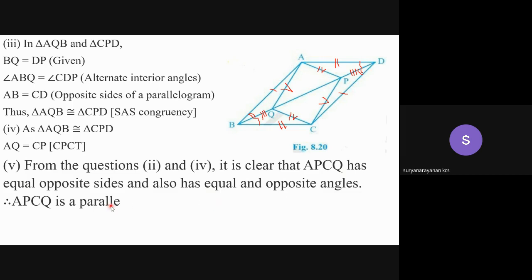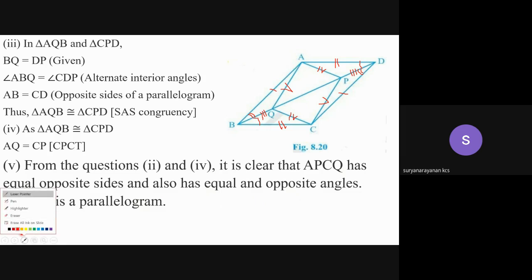Therefore, APCQ is a parallelogram. In this quadrilateral APCQ, these opposite sides are equal, and it also has equal opposite angles. That is why this quadrilateral is said to be a parallelogram.